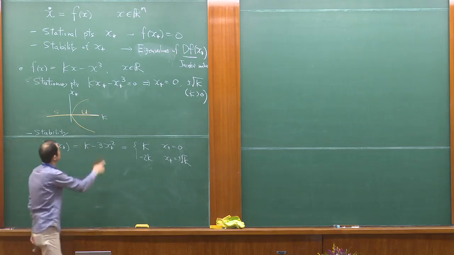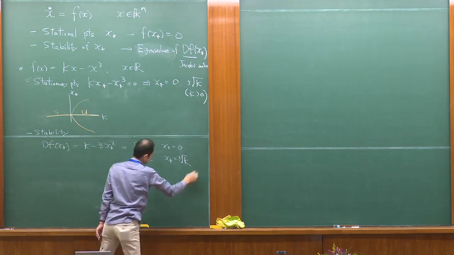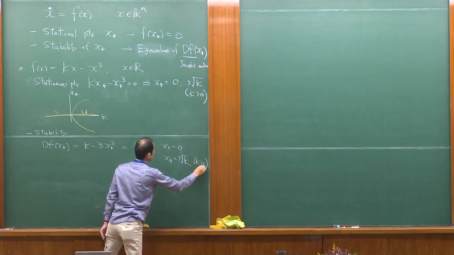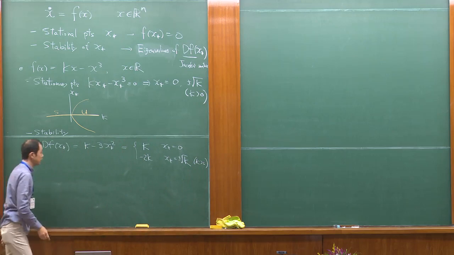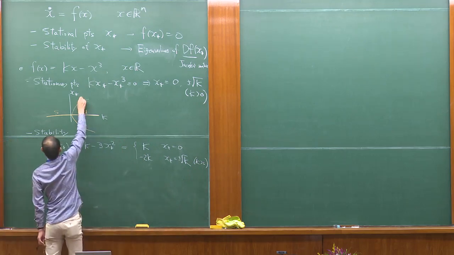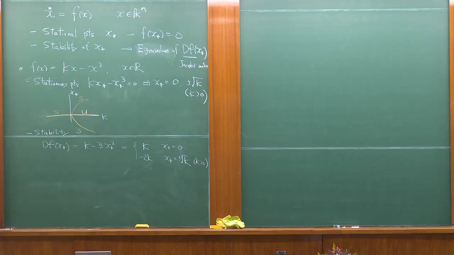And for these other branches, which exist for k positive, minus 2k is negative, so these branches are stable. So this is the very basic analysis of a dynamical system, and we will do more or less the same thing for the long-range system in the Vlasov equation.